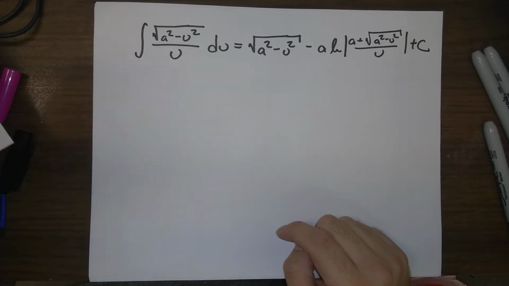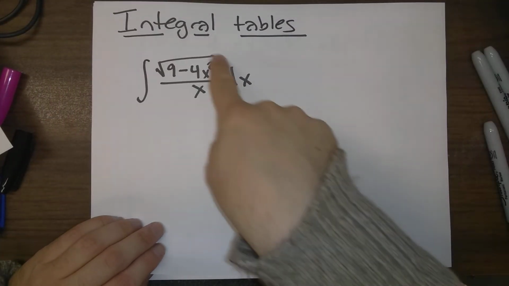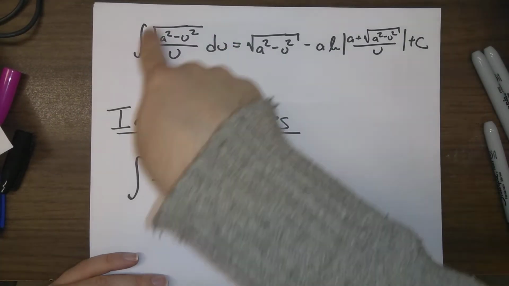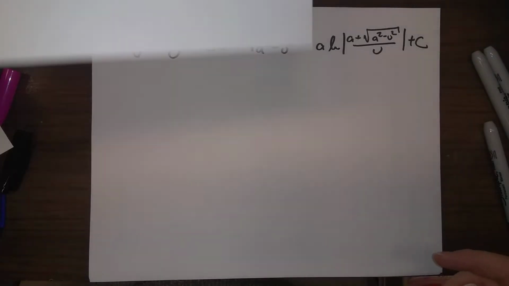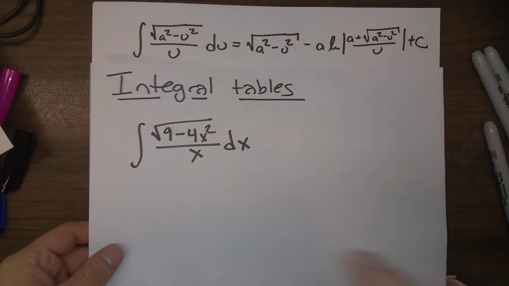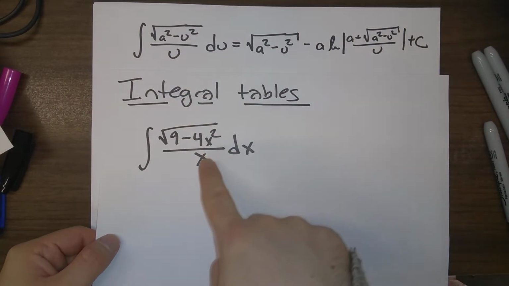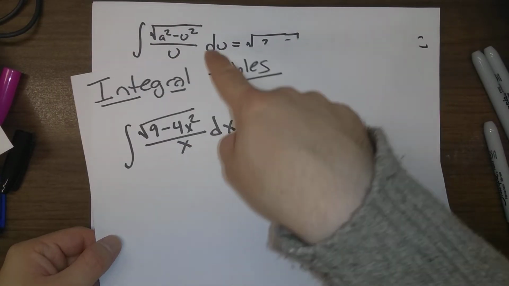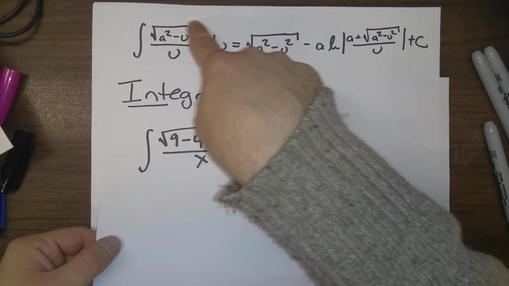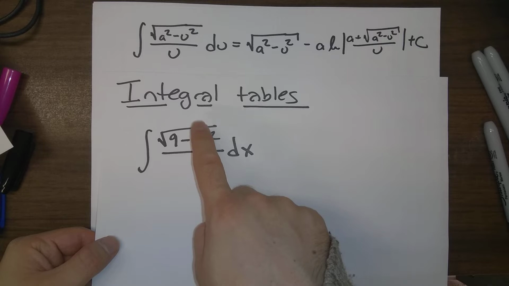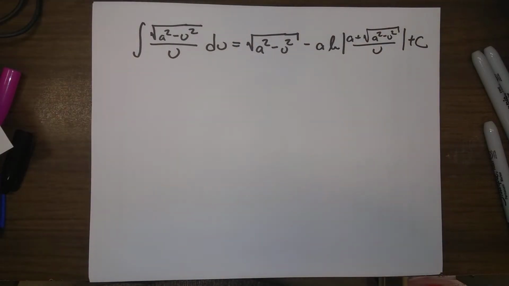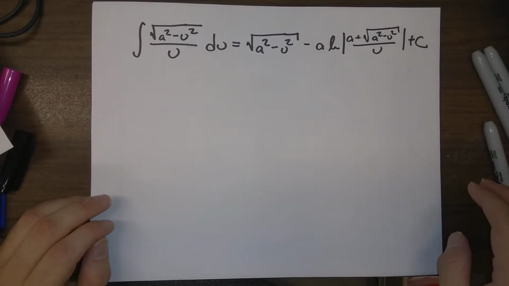So we can pattern match. If we can rewrite this to look like this, we'll be all set. First thing, this looks mostly like this, but the big difference is that this is just a u squared here, and this is a 4x squared here. So our first job should be to factor out a factor of 4.